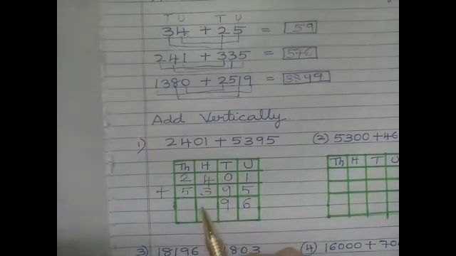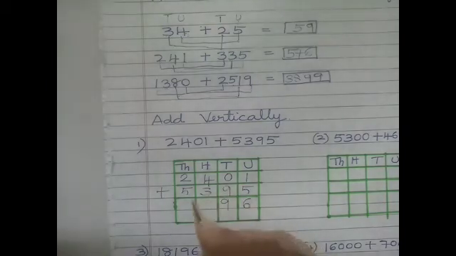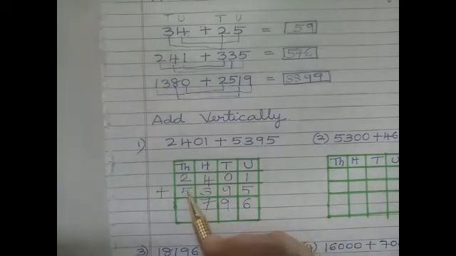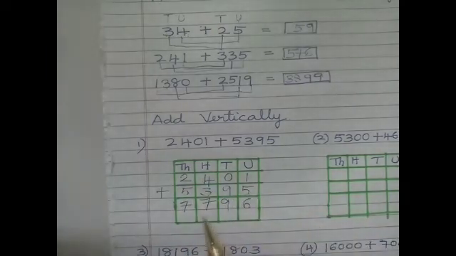After 4, 5, 6, 7. 2 plus 5 is 7. So the answer we got is 7796. Is that clear? So this is how we are arranging the numbers vertically and adding.